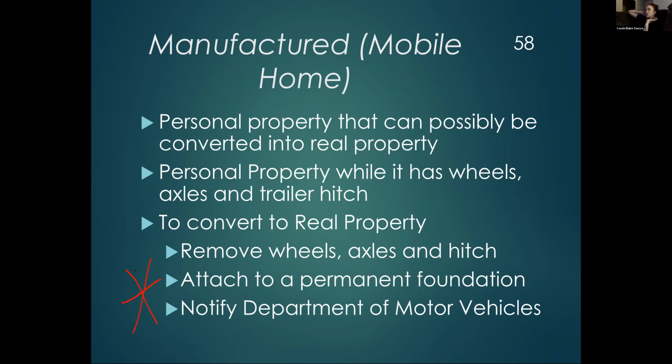I have a question. Okay. Let's say that the owner has already made it into real property, but they haven't contacted the DMV. So they're putting it up for sale, and they think it's real property, but according to the DMV, it's still personal property. What do you do?